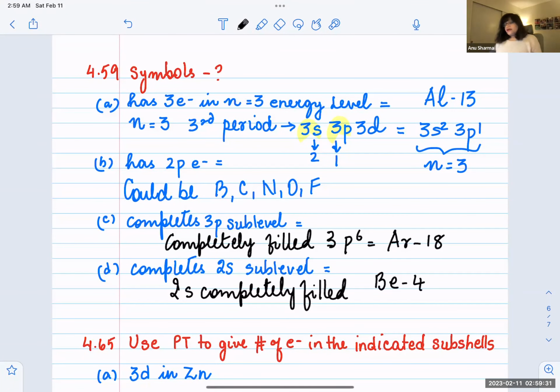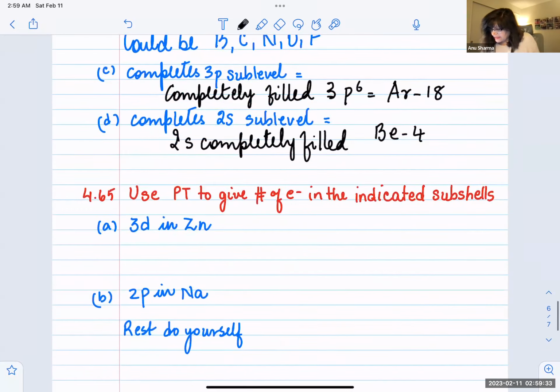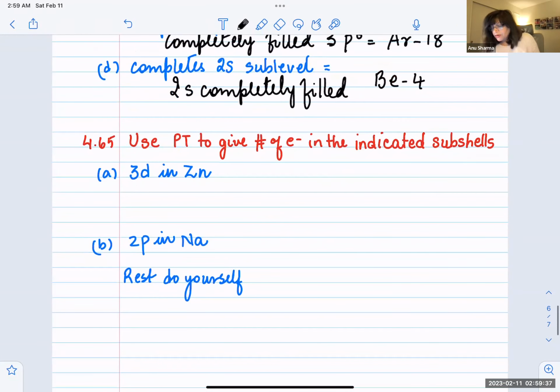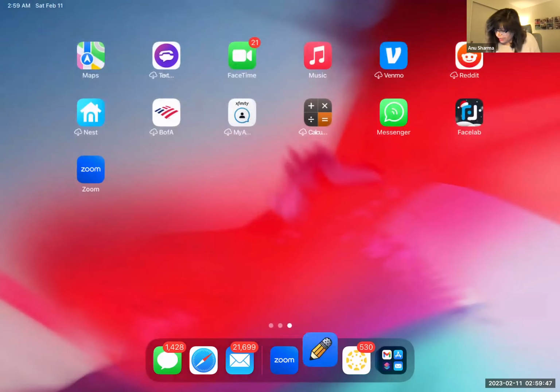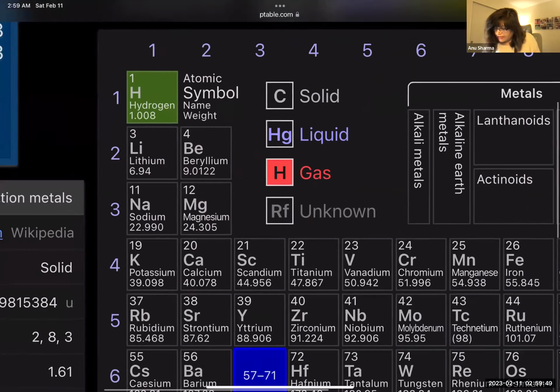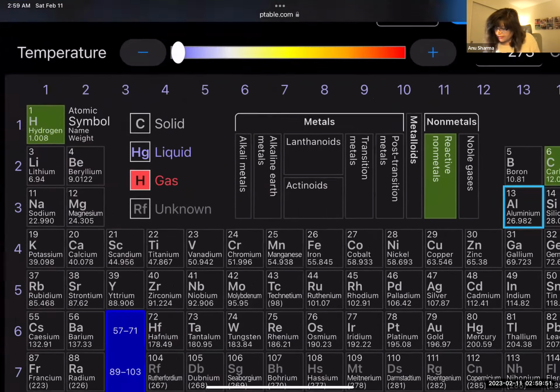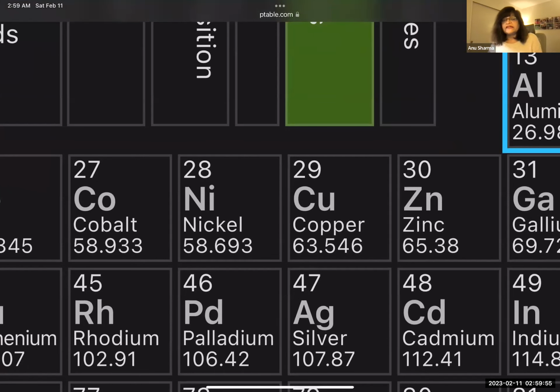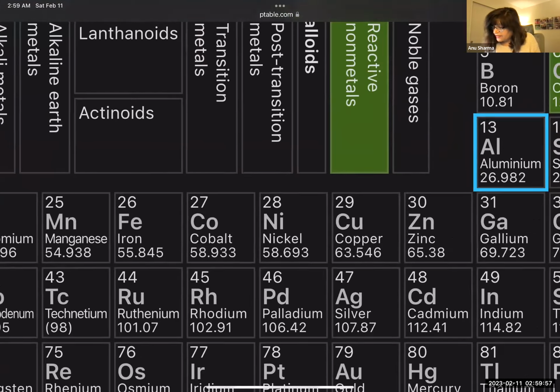Beryllium, 4. Now the last question here: use the periodic table to give the number of electrons in the indicated subshell. Now 3d in zinc, 3d orbitals in zinc. So look at the periodic table and look at zinc. Zinc is in the last column, the 10th column.